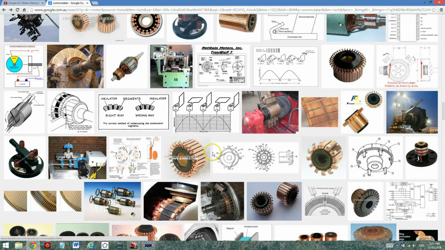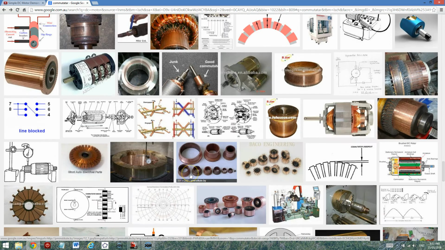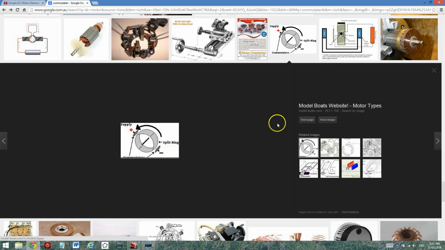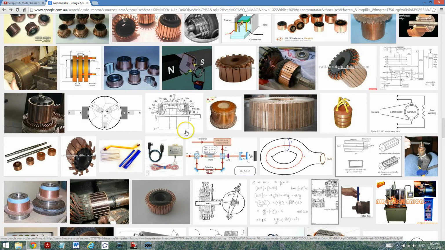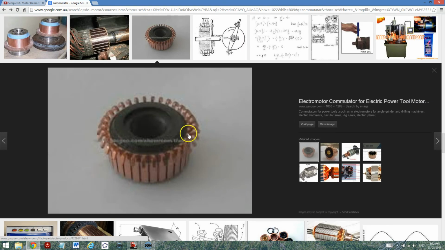I know the commutator looks very different from what is drawn in the diagram, but in reality there are plenty of different designs. The most popular one will be this one. You have an insulator in the middle, a conductor inside, and another row of conductor outside, so you are able to put the battery somewhere in.